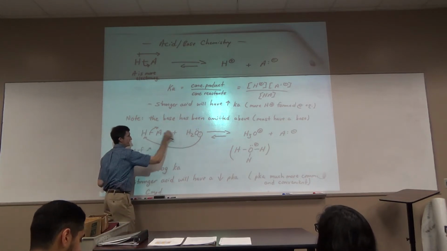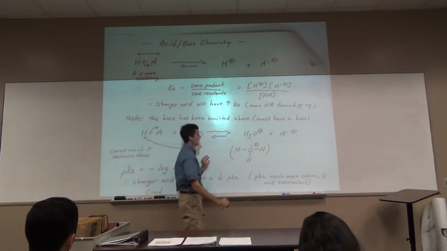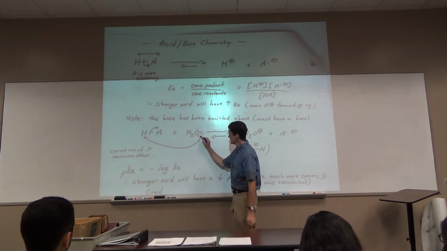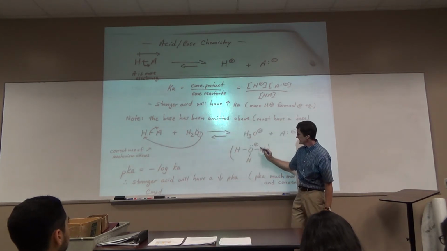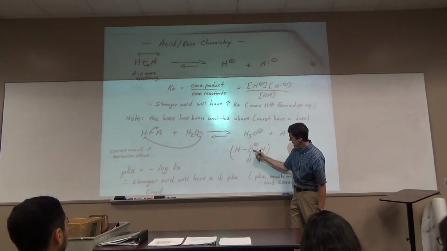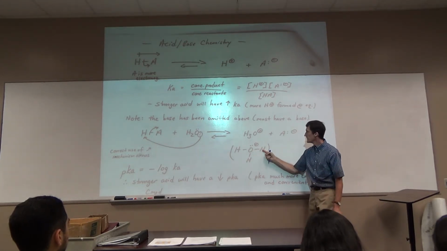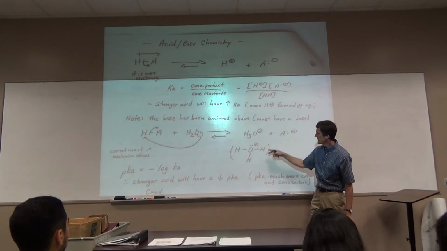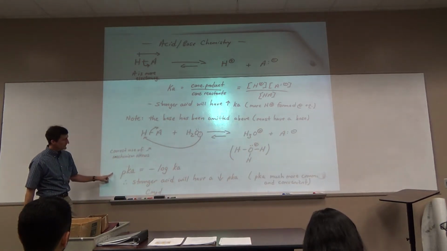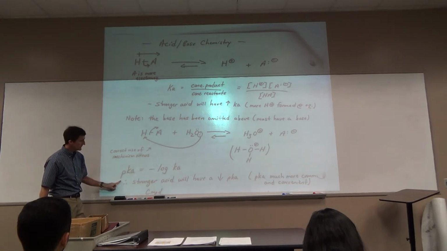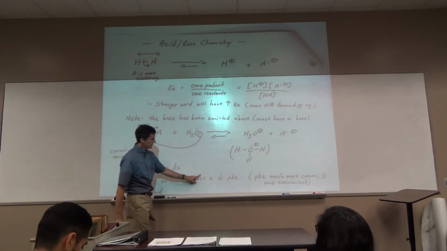So now we have a base and an acid. And our good old acid-base mechanism, these electrons take the H, those move on to A. This is condensed, but it used to be a lone pair, but now it's bonded to H. And we have A minus. We have charges. pKa equals negative log of Ka, thus stronger acid will have a lower pKa.